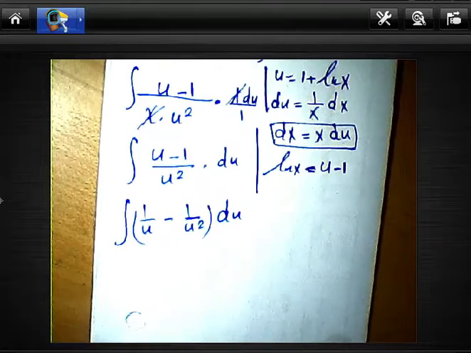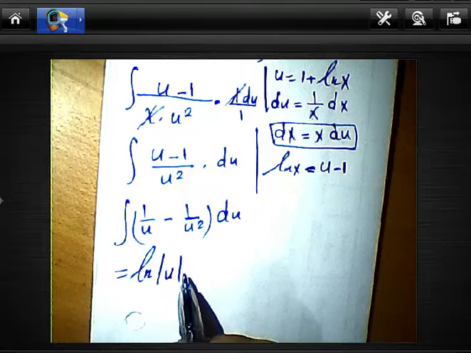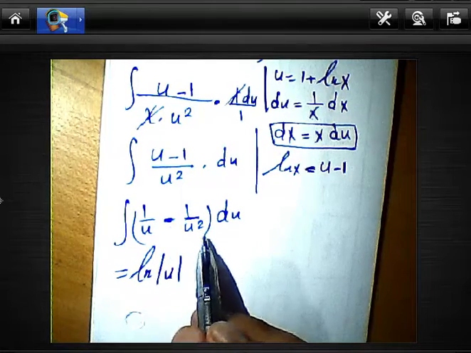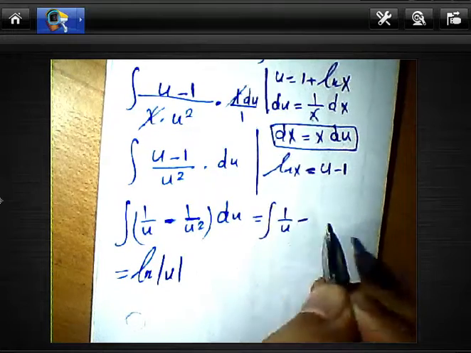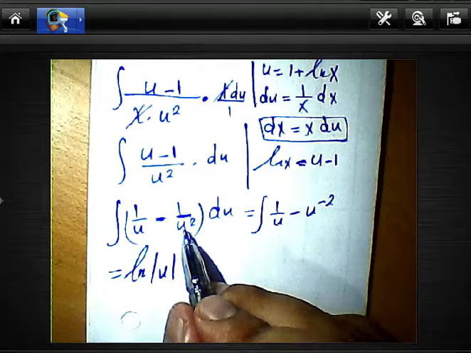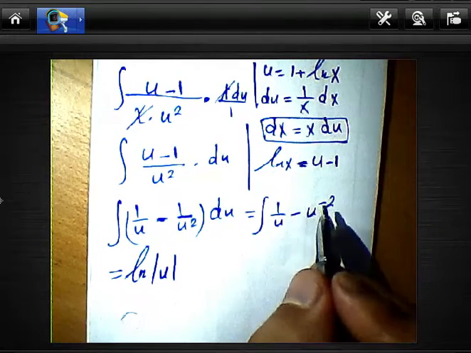The integral of 1 over u will be ln absolute value of u. And what about this term? We know it was u^(-2). We can write this term from denominator to numerator by converting the power.